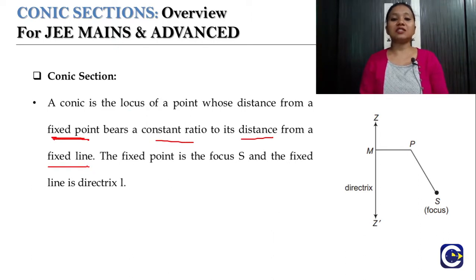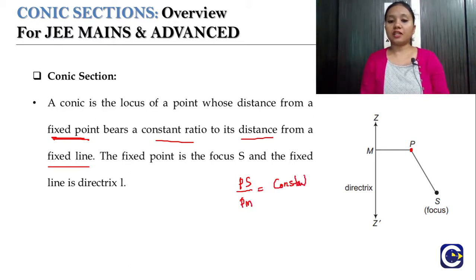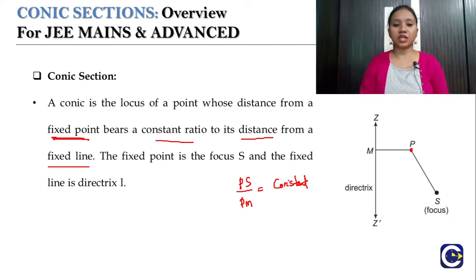So it's a constant ratio, that is, the distance from a point to the fixed point, to the distance to the fixed line. You can see the arbitrary point here. So PS by PM is the constant ratio, and the fixed point is called the focus, and the fixed line is called the directrix.